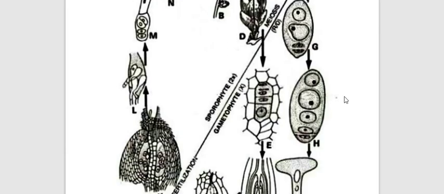When the microspores in the microsporangium and the megaspores in the ovule are produced, the gametophyte stage, or haploid phase, starts.